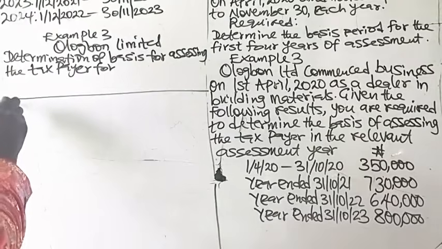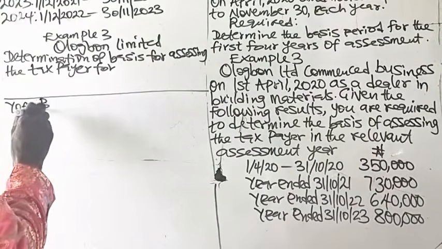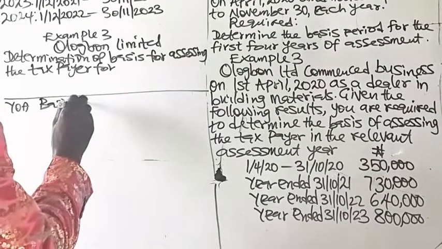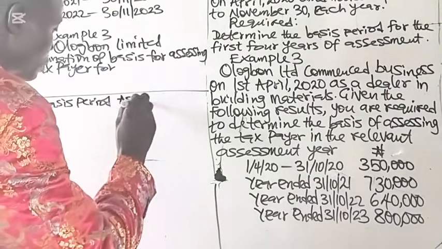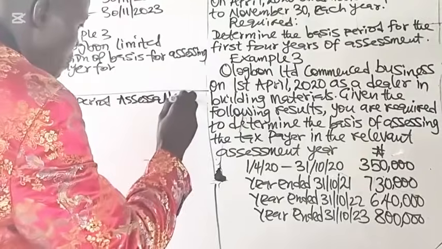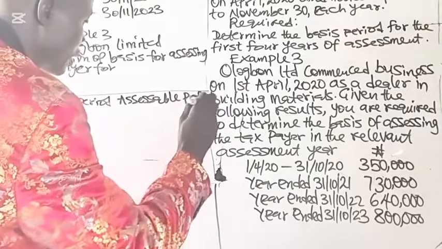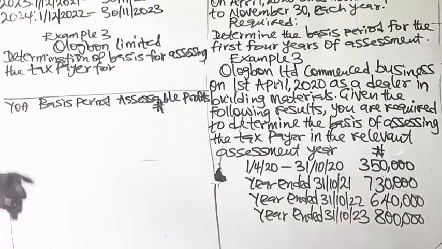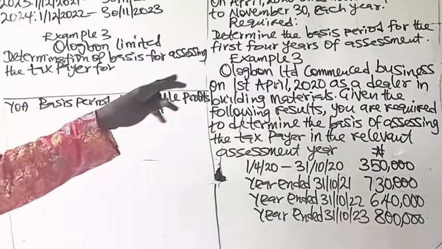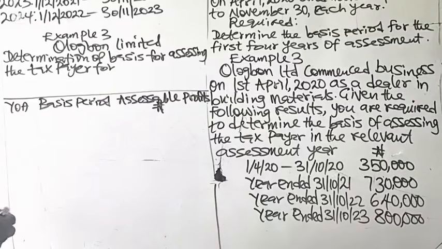So now we have year of assessment, then basis period, then assessable profits. Please don't forget to fill up this place I left behind. If you do it the way I'm doing it in exams, you must fill that space.